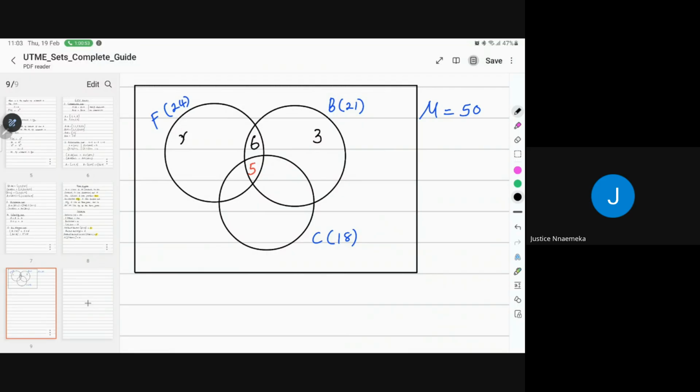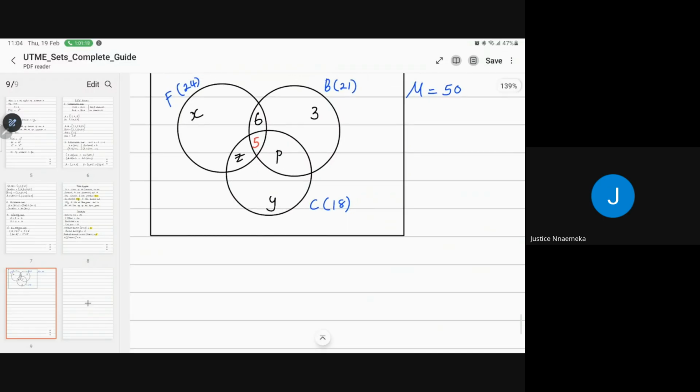We don't have football only, right? We don't have cricket only. We don't have football and cricket. Let's call here Z. Are you seeing it now? That's football and cricket only. Now let's call here P as well. That is what? Basketball and cricket. So what are those variables we are trying to string together now?